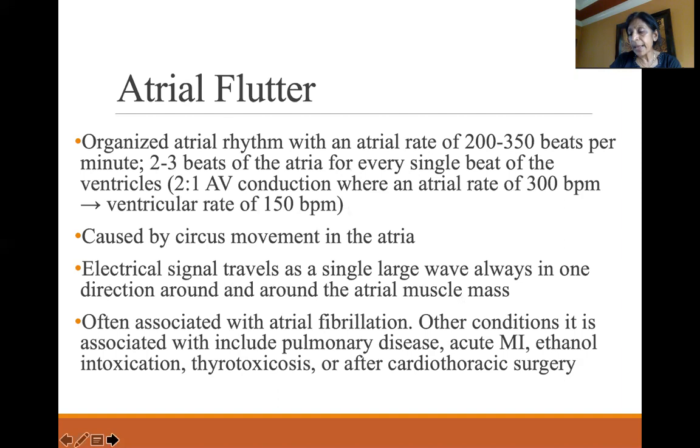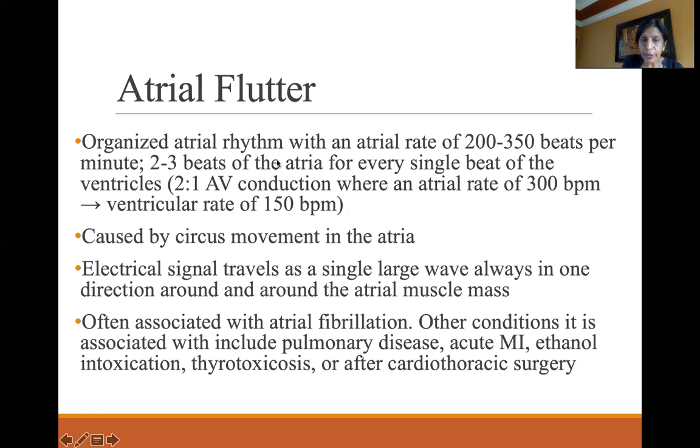But then they're not really P waves. They're flutter waves. They're small, and they're not going to lead to every QRS wave. So these are just noise type of waves.